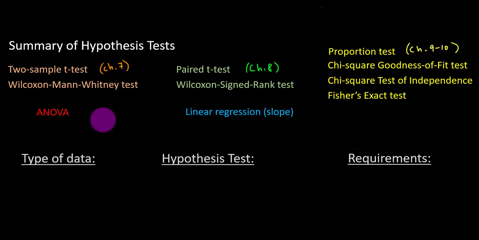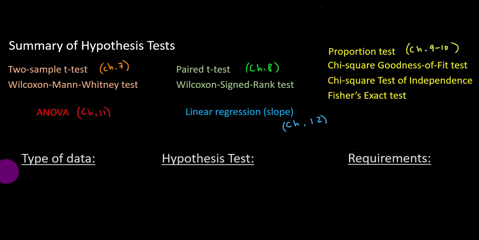ANOVA was chapter 11. And linear regression, it's actually about the slope, but that was in chapter 12. So I'm going to go chronologically as well, which is also sequentially across these chapters.